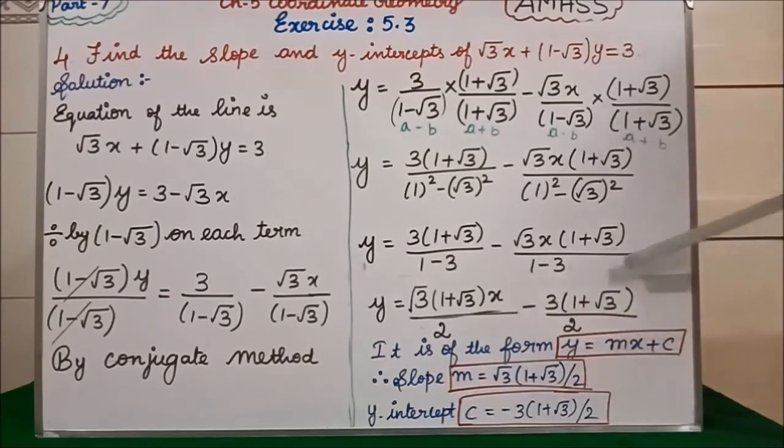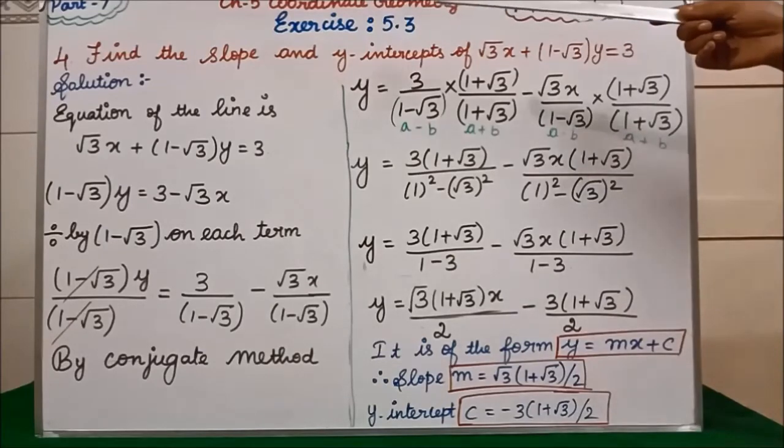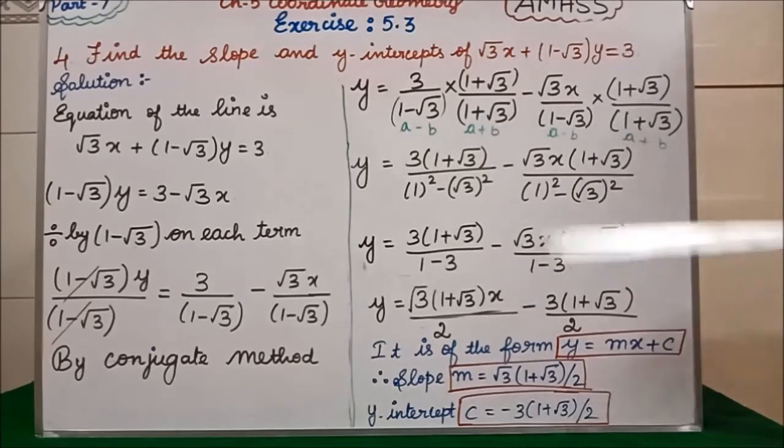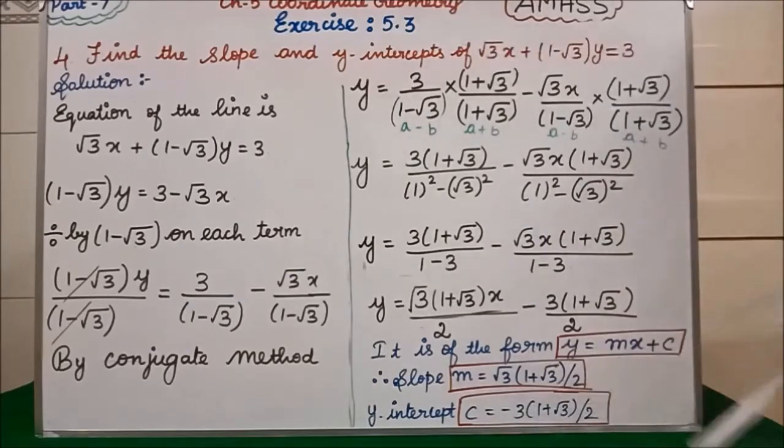So from minus you have to write the c value. Clear students? Clear all of you? From this, when the question was asking slope, we have got slope, and y-intercept c also we have got. This fourth question is over. Next we'll see the fifth question. Clear all of you? When you are writing, clearly write this answer in your classroom.